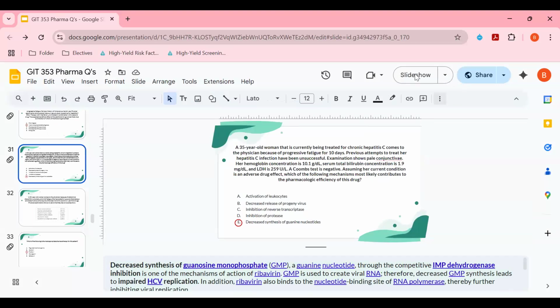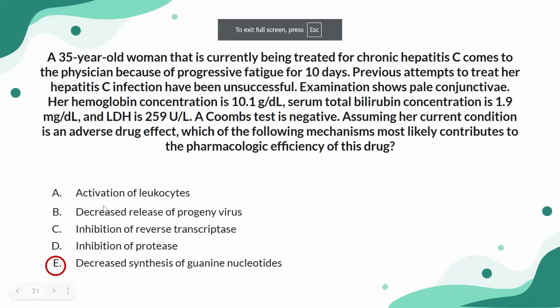Right, so let's talk about this. Activation of leukocytes produces interferon. We know that interferon has nothing to do with hemolytic anemia. Decreased release of progeny virus has no place in hepatitis C treatment. None of the drugs that we've studied really talk about this. Inhibition of reverse transcriptase is more of a hepatitis B thing, not a C thing.